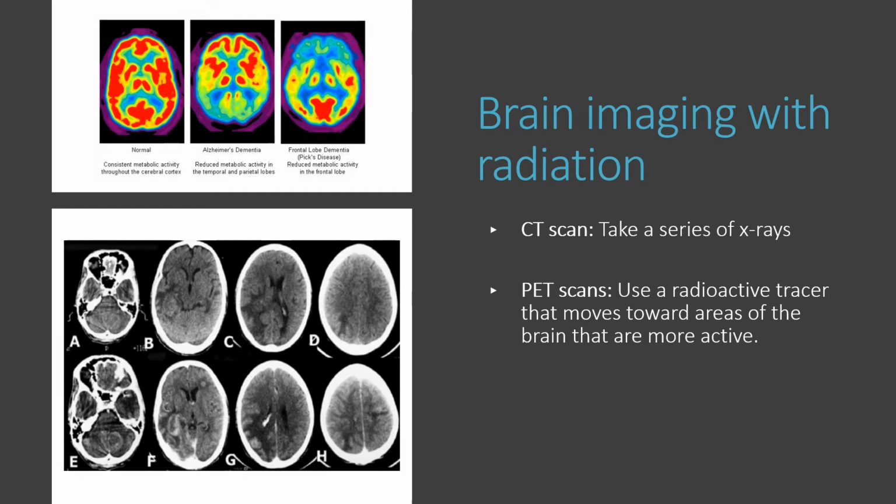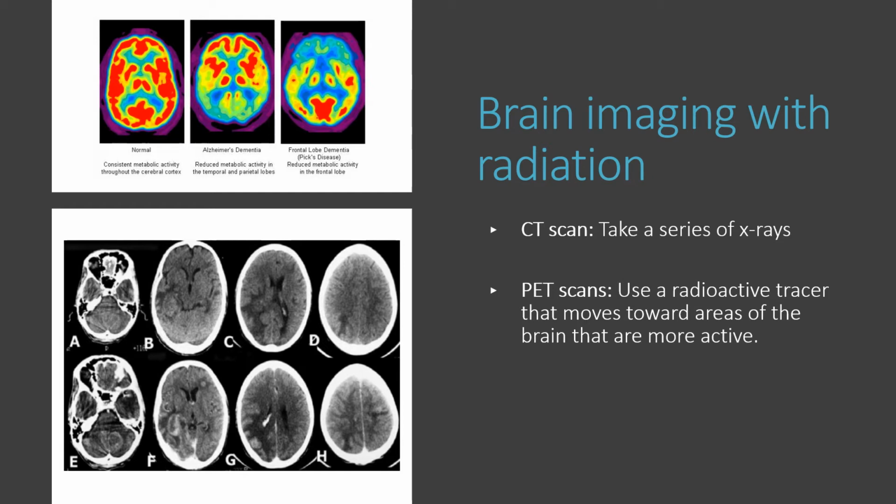And when the radioactive material breaks down, and this is beyond what you need to know for your test, but for some of you who might be curious, it's giving off a neutron and a positron. When a positron hits an electron, both are destroyed and gamma rays are released. And gamma ray detectors are detecting the brain area where the gamma rays are emitted.